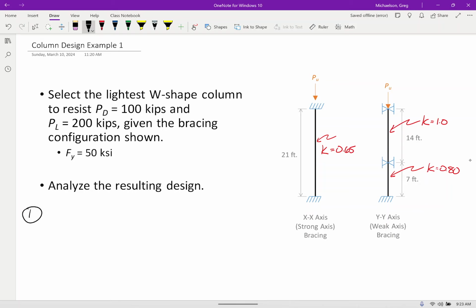So what's our first step going to be before we do anything, like anything with the column? The factored load. Of course, yeah. And what do we get for this?